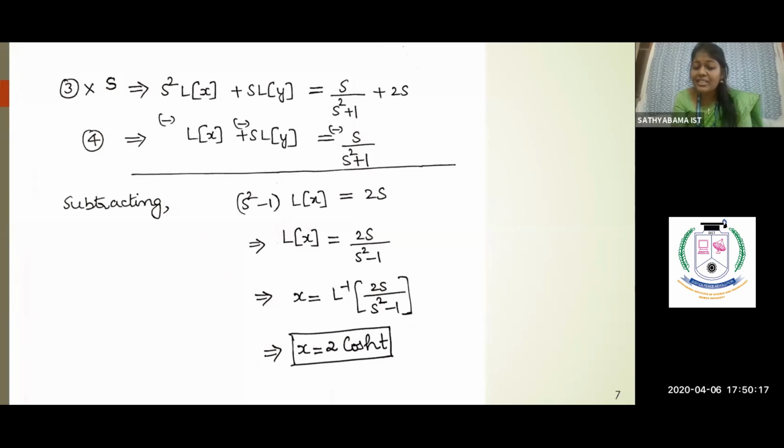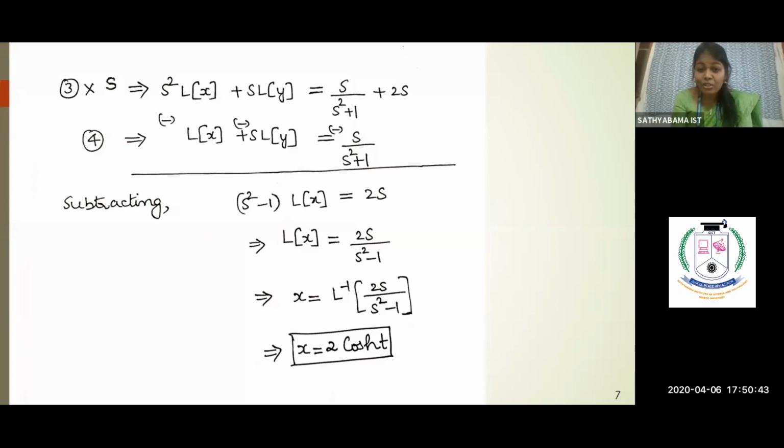What is L inverse of s by s square minus 1? It's in the standard form. L inverse of s by s square minus a square is cos h a t. Now here a is 1. So L inverse of s by s square minus 1 is simply cos ht. Have you understood? So what have we done? We've successfully found what x is.